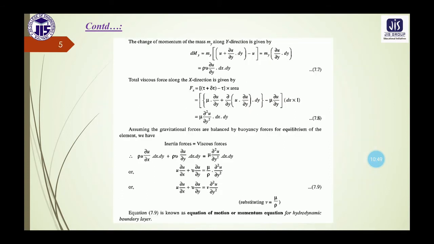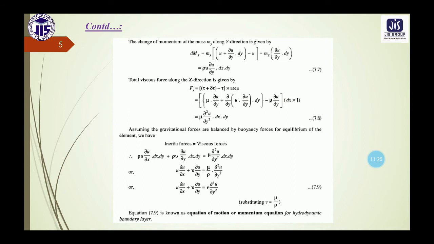Now again, the change of momentum of the mass my along the y direction, dMy, equals my multiplied by the change of the velocity at the bottom and top face of the considered elemental volume. So ultimately we get small my multiplied by del u del y into dy. This my can again be replaced by rho v del u del y into dx dy. So this is our equation number 7.7.